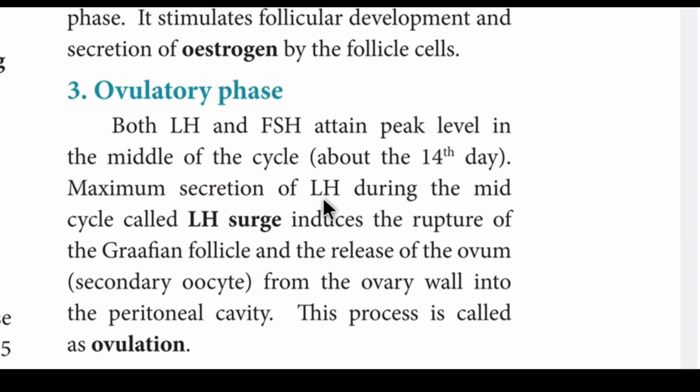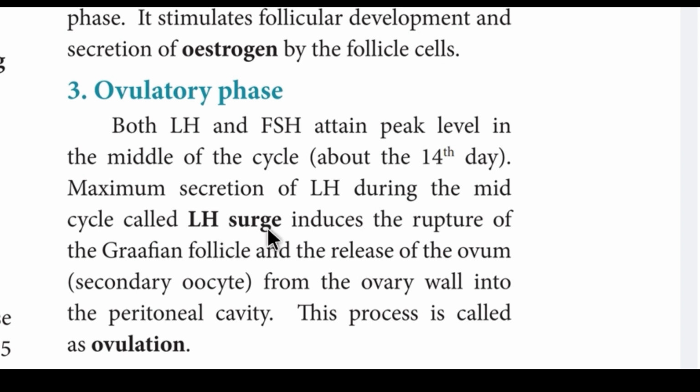The peak of the LH is what releases the secondary oocyte. It indicates the rupture of the Graafian follicle. The Graafian follicle should be ruptured, and then only the oocyte comes out, because the Graafian follicle has some layer. So the surge at the peak gives the pressure.